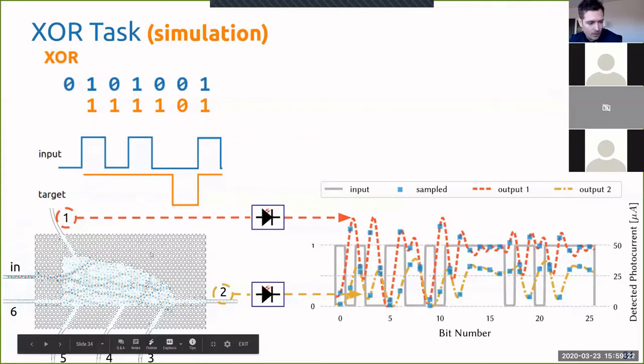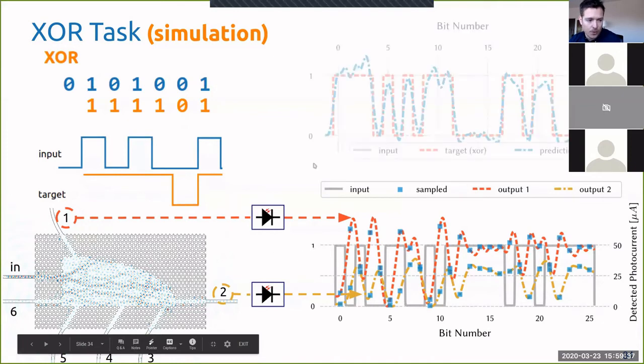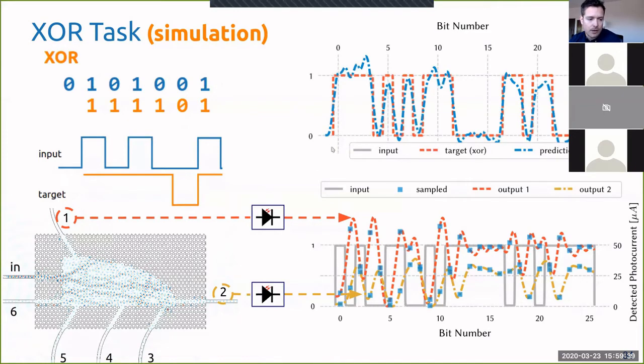For example, here are 2 outputs visualized according to the input signal that was sent in. Then the measured bit streams are summed up in a readout operation to follow the target exclusive OR.